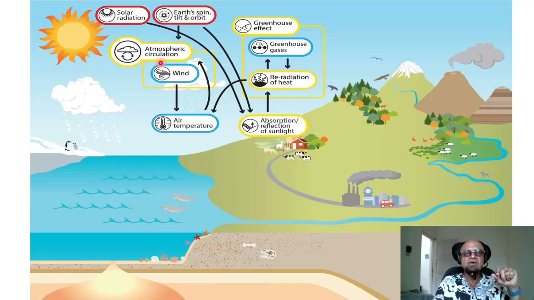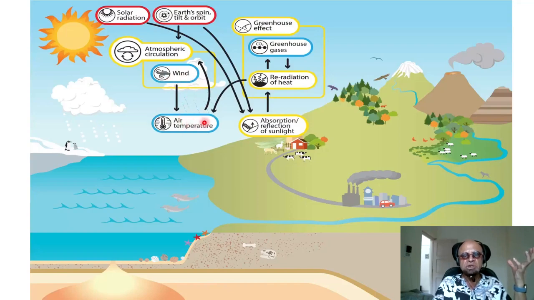And coming back to here, we already talked about how the energy balance begins to create atmospheric circulation, the winds, and that affects the air temperature. And these arrows indicate that there are feedbacks. If winds blow, that's going to change temperature.